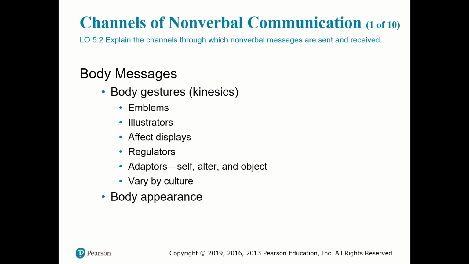Definition of emblems is a substitute for words such as okay or peace. We have hand gestures for those. So in our culture, the thumb and the forefinger is an okay symbol, two fingers, index and middle finger in the air, that's peace. And we have other gestures that stand for other words.